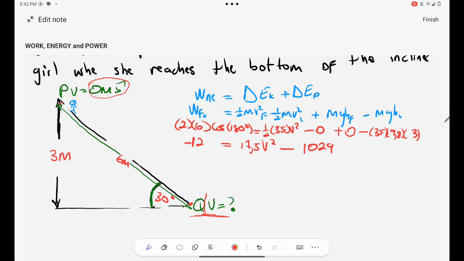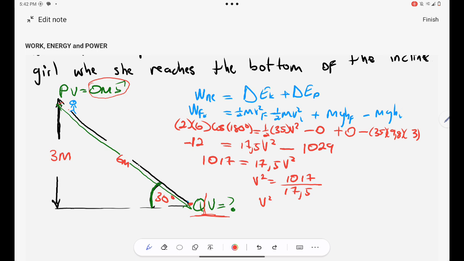When I take the 1029 to the other side, it will be positive. So I'll simply have 1029 minus 12. That's basically 1017, which is equal to 17.5 v squared. If I divide both sides by 17.5, I'll simply have v squared equal to 1017 divided by 17.5.